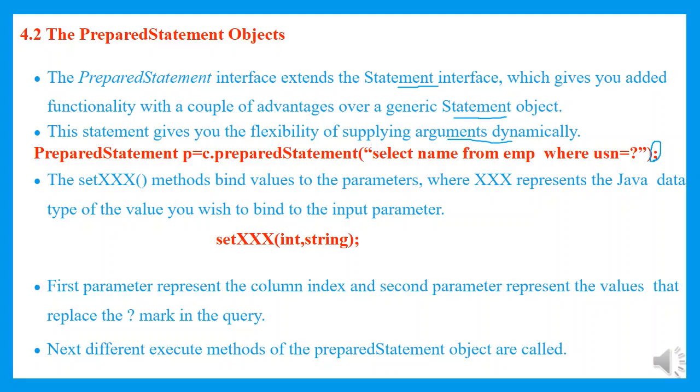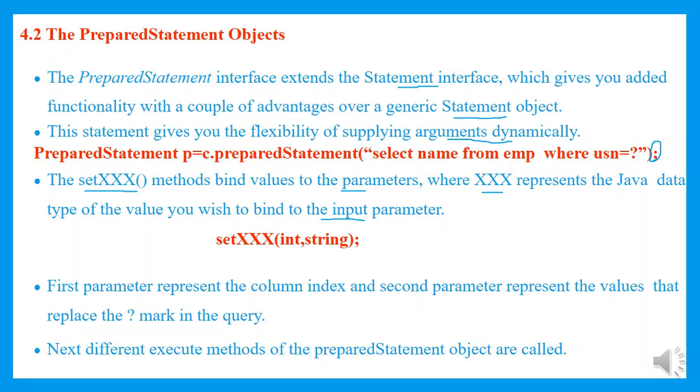In order to replace this question mark, the PreparedStatement interface makes use of a method called setX. The setX is a method which binds the value to the parameter, where X represents the Java data type of the value we wish to bind to the input parameter. This X is going to be replaced by the type of the attribute in the table.